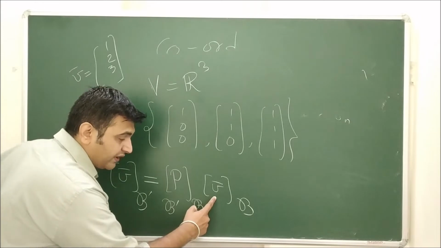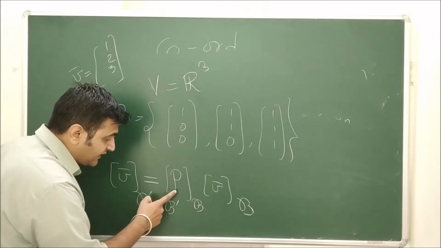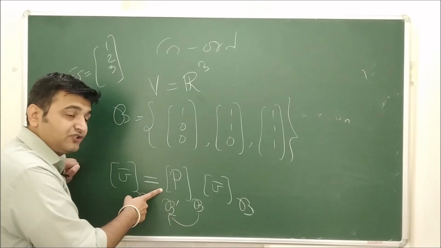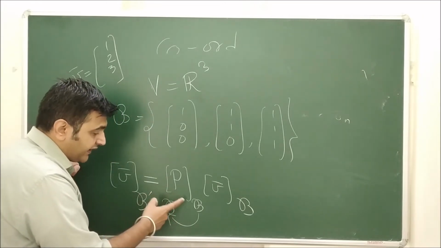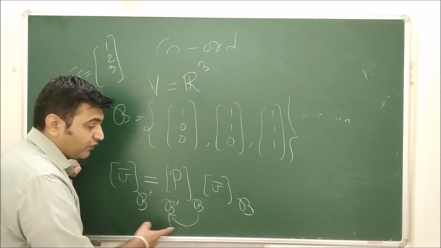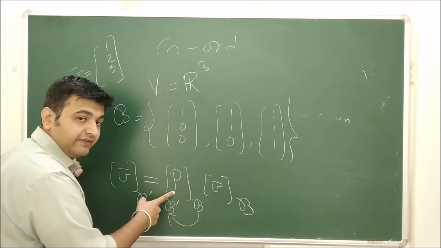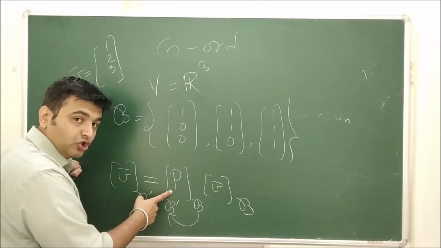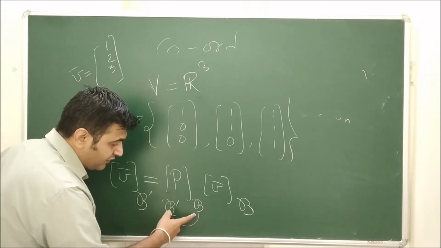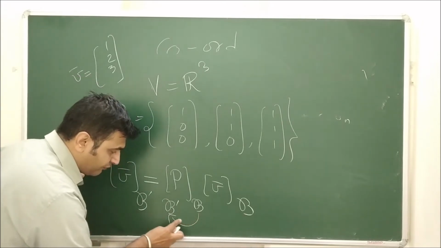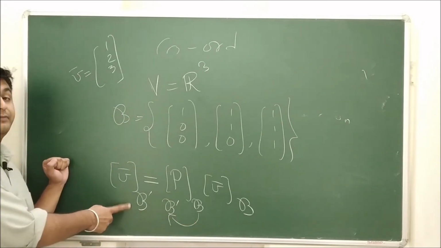So you have a coordinate vector with respect to B, and you find a change of basis matrix from B to B prime. What is the job of this matrix? It takes you from B to B prime. If you have a coordinate vector with respect to B, you pre-multiply it with P. It takes you from the world of B to the world of B prime. Therefore this is in B, it takes you from B to B prime, and therefore you have a B prime over here.